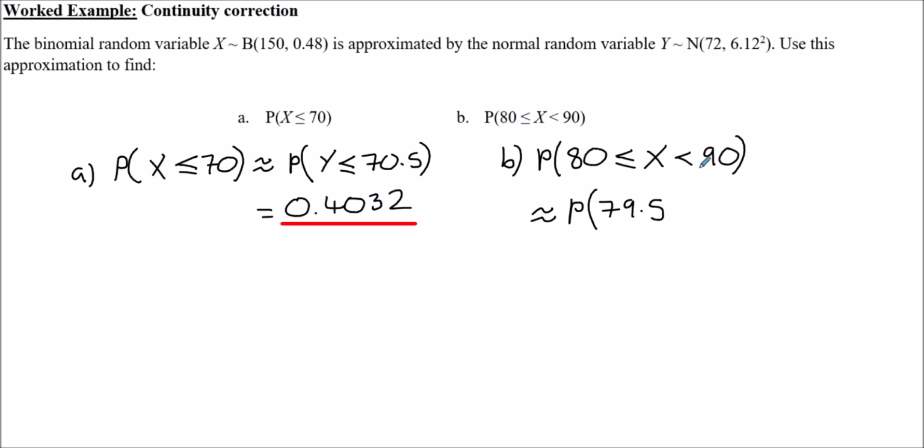But because at the higher end we're not wanting to include 90, we need to cut off before 90. The 90 point is between 89.5 and 90.5. So what we want here is for it to be less than 89.5.